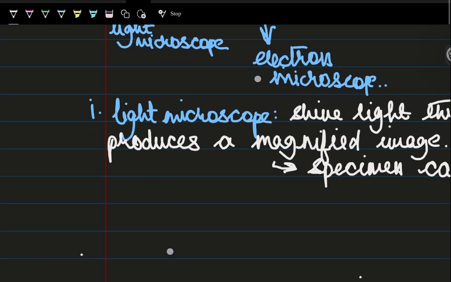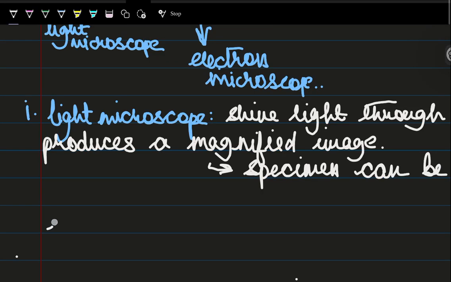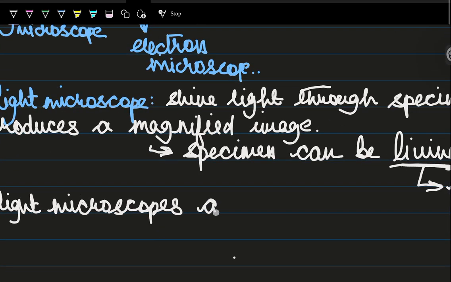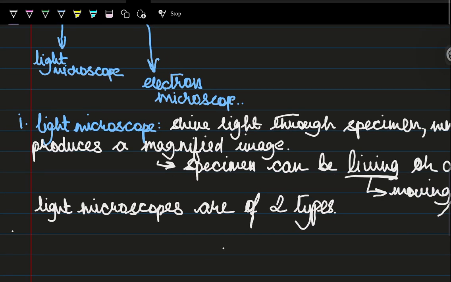So light microscopes are of two types. I'm gonna write them down right now.